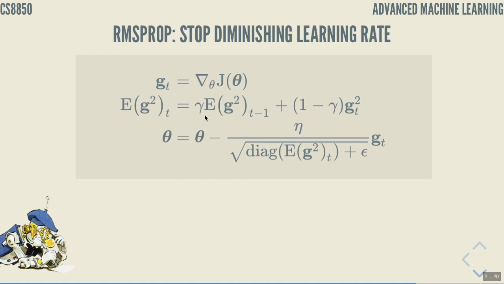So now, by adding a discounting factor, as we've seen in the momentum slide, we are discounting our past, and thus, if this is our future in time, we're always kind of averaging, whereas before in AdaGrad, everything was averaged with the same coefficient 1.